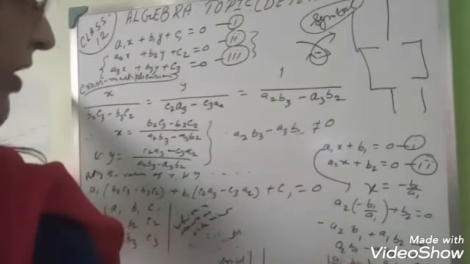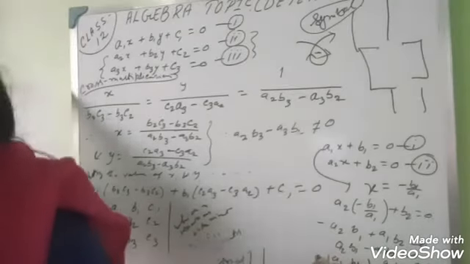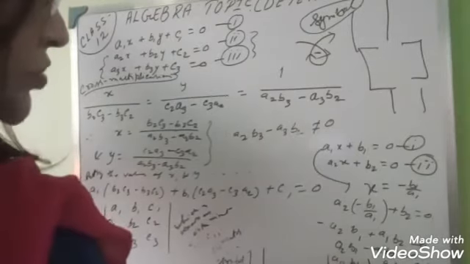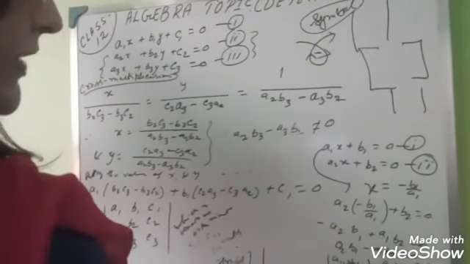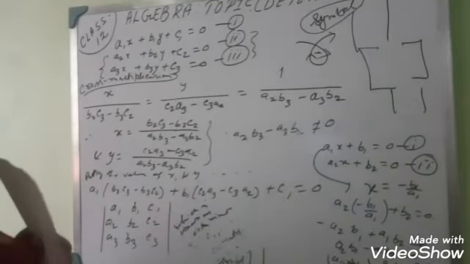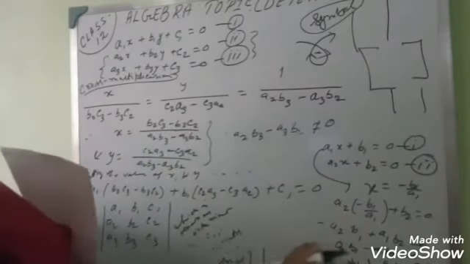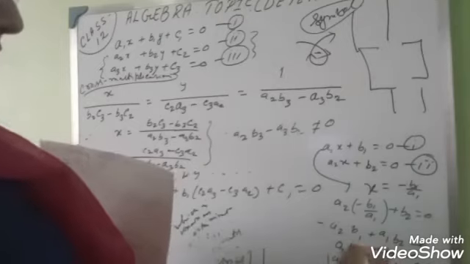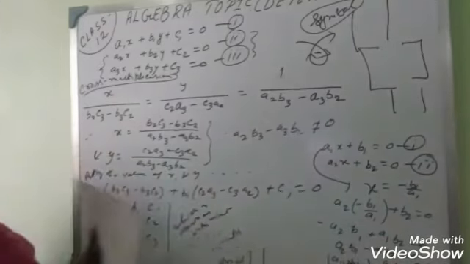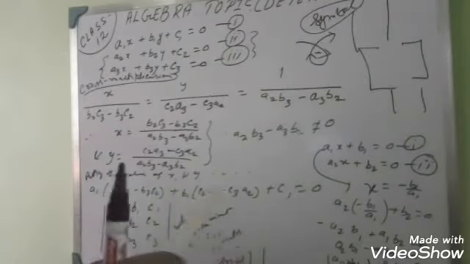And from here, if you use that symbol a1 b2 minus a2 b1, these types of elements can also be written in the form of a determinant: a1 b1 a2 b2. This is the second order determinant, four elements written in 2 rows and 2 columns.